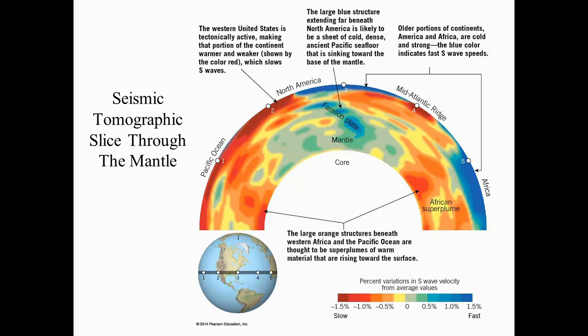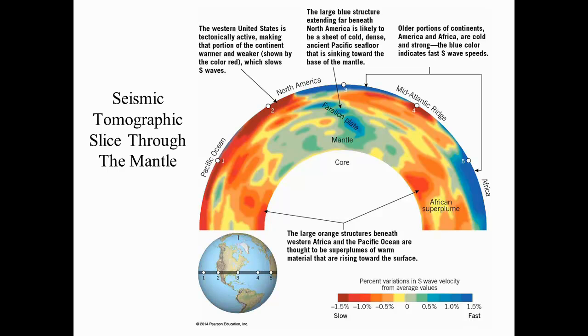Now the reds and oranges are areas of the mantle where the velocity of S waves is slower than average, whereas the blues and the greens are areas of the mantle where the S wave velocity is faster than average.